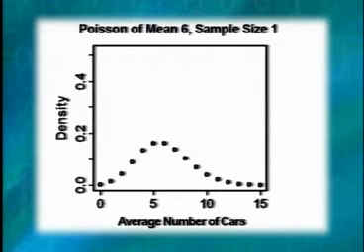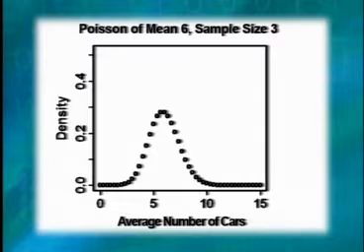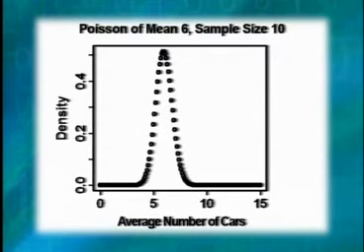So, in fact, it doesn't matter what distribution you start with. If you take collections of a certain size, like sample size 2, and you take their average, and then sample size 3, and sample size, in this case, 10, you get something that is closer and closer to a normal distribution.